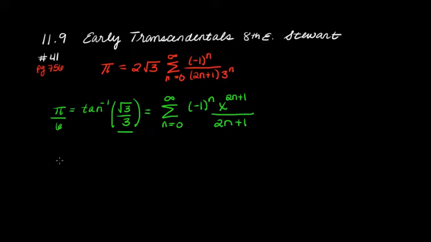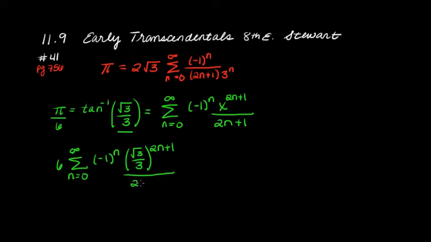So I'm going to put my 6 out front, multiplying. I have my sum from n equals 0 to infinity. We have the alternating series, negative 1 to the n, which is a constant. And then for x, go ahead and plug in our root 3 over 3 to the 2n plus 1, all over 2n plus 1.